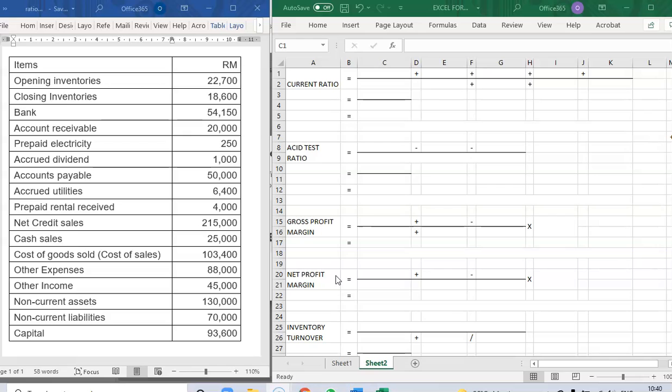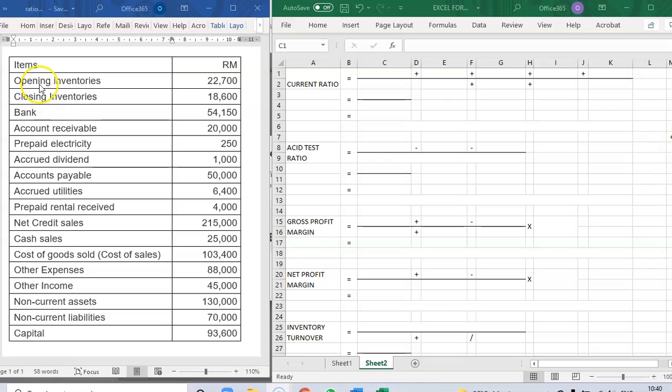Welcome to the ACC106 exercise video, where this video will explain to you how to calculate the financial ratios that you have learned in the previous video. Okay, let's say you are given data on the left like this.